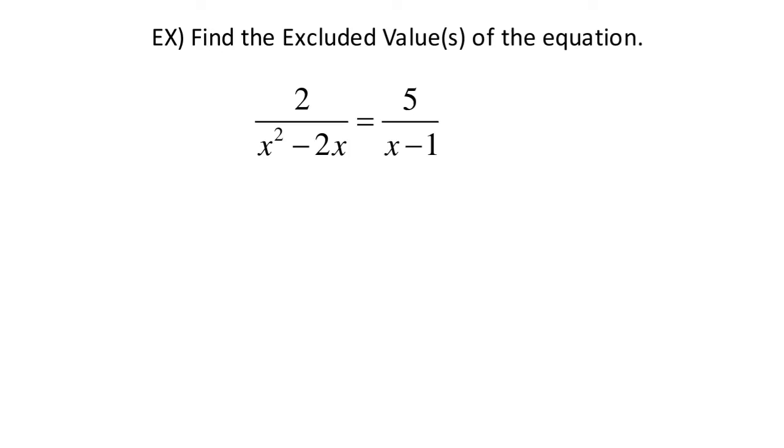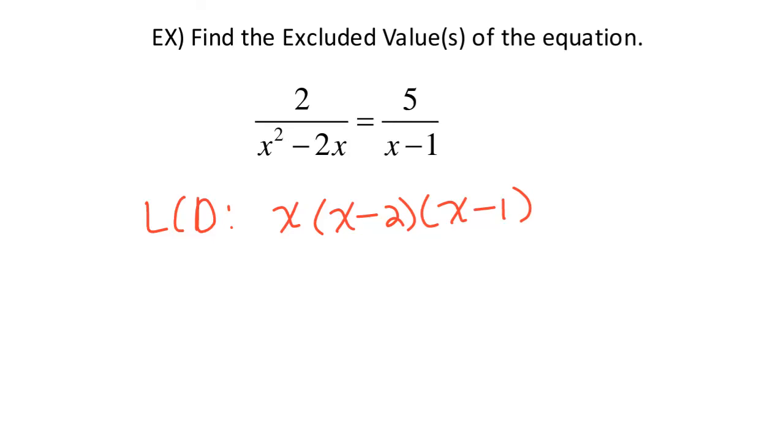If you go back to the front page, what was our LCD here? We had an x out front, and then x minus 2, and then x minus 1. Thank you. So we already did that part, the LCD.